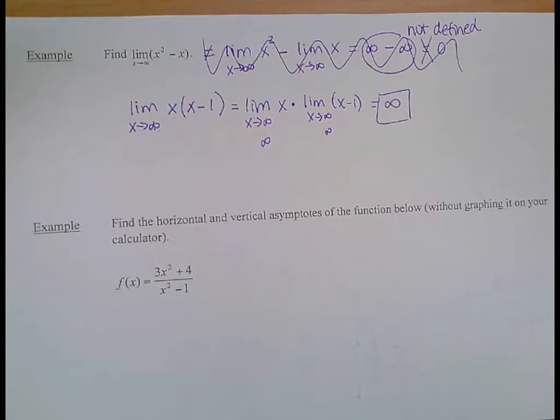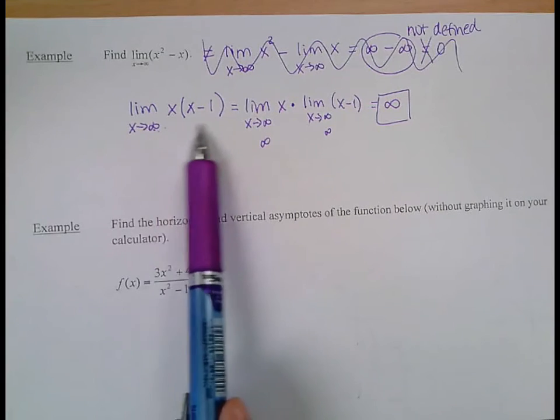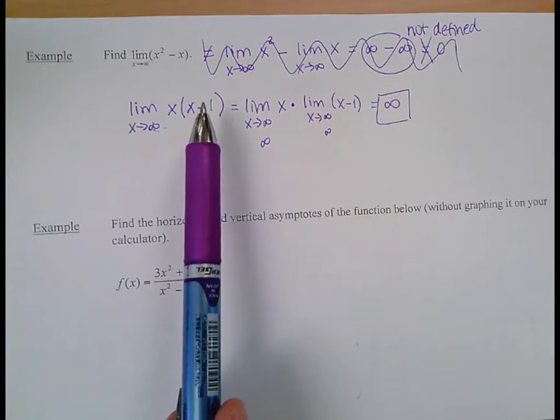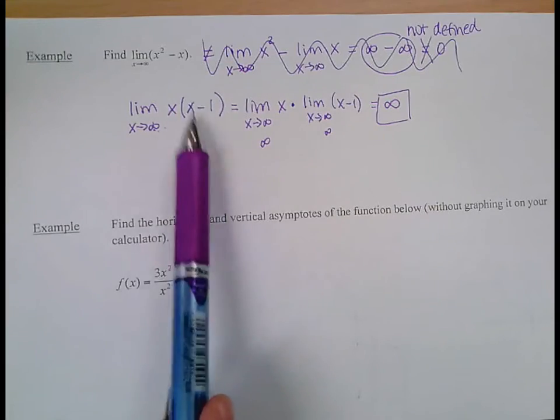Typically, the conjugate helps you most if you have square roots in the expression. If it works, I don't see why that wouldn't work in every case, but I guess this would be a more efficient way to get to the answer, rewriting it this way.